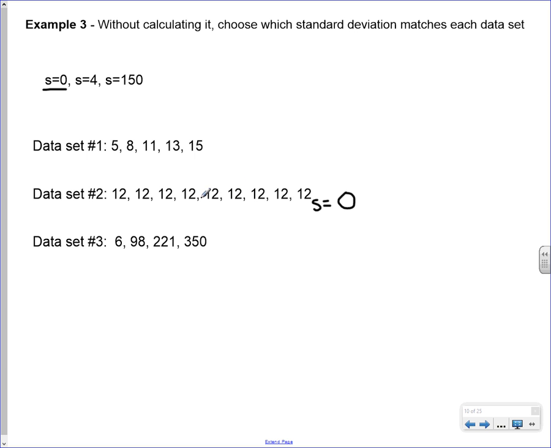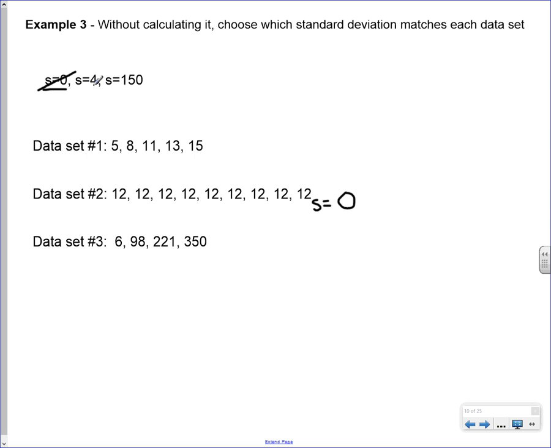So what that tells us is the closer that our standard deviation is to 0, the less our observations in our data set vary. Okay, so if you see your data set and the numbers do not vary very much, okay, if they're all pretty close to each other, then you should expect a small standard deviation when you calculate it, okay?